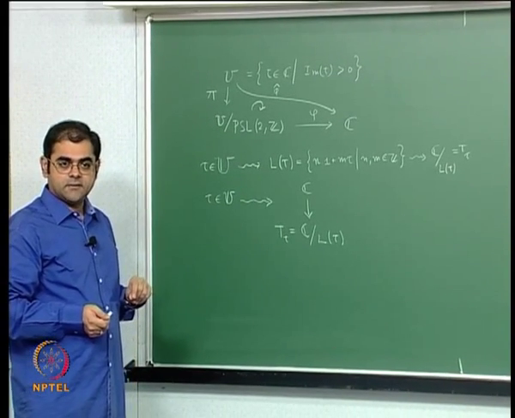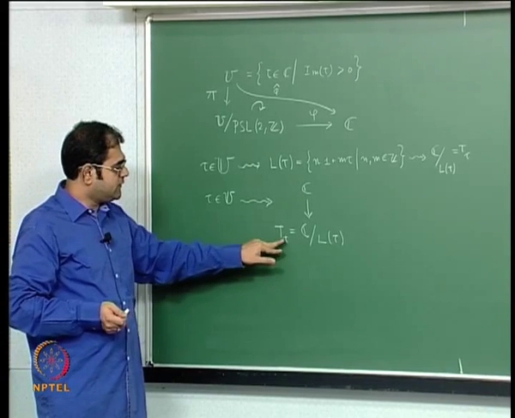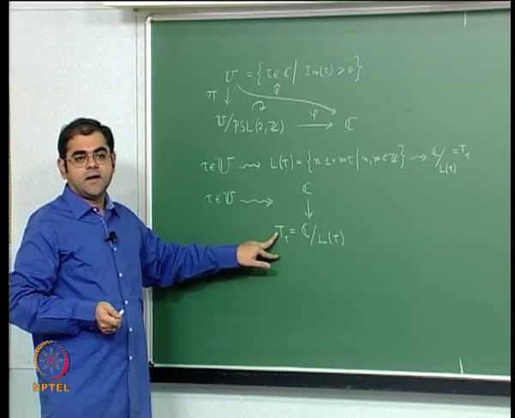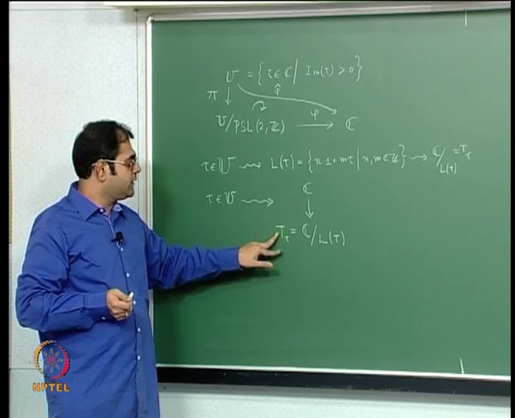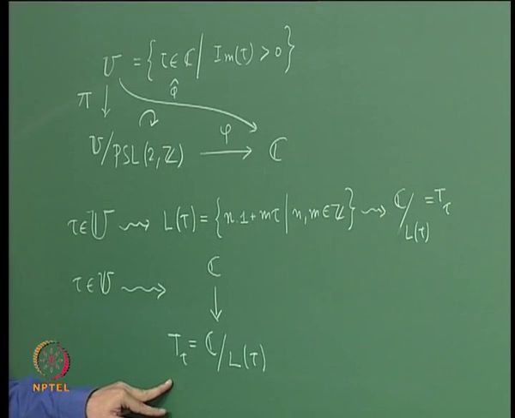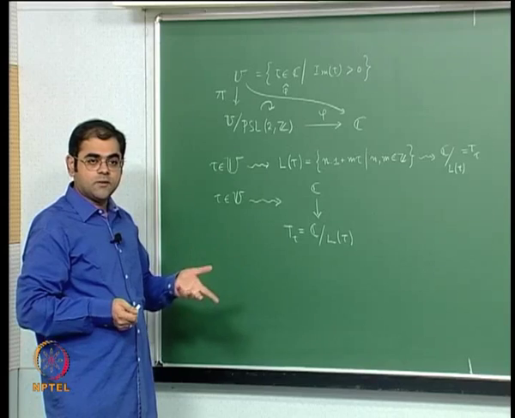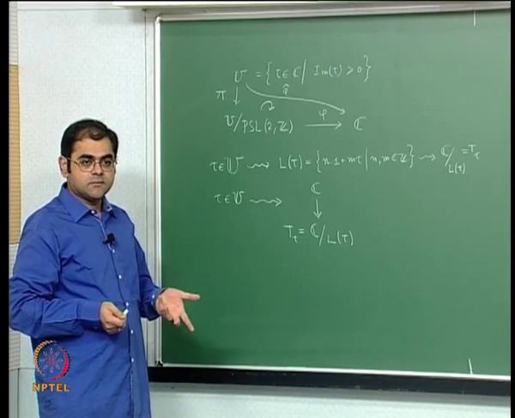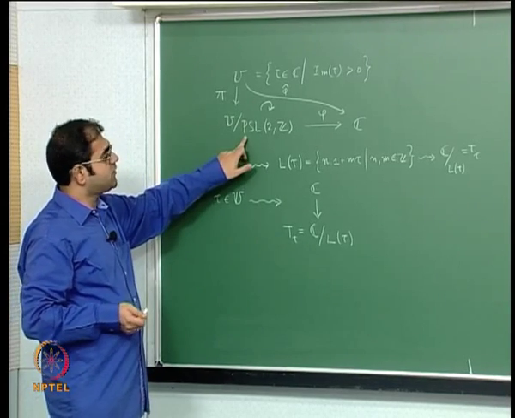We noted that the complex one dimensional tori T tau 1 and T tau 2 are holomorphically isomorphic if and only if tau 1 and tau 2 can be moved by an element of PSL2Z.